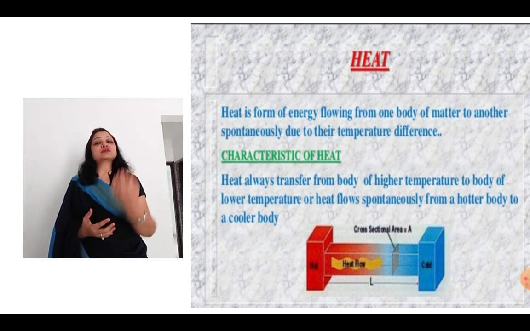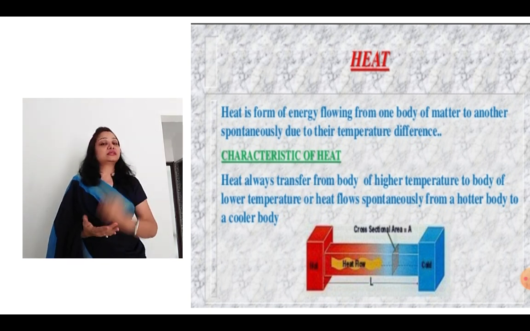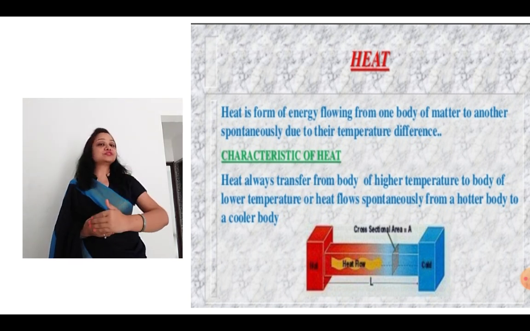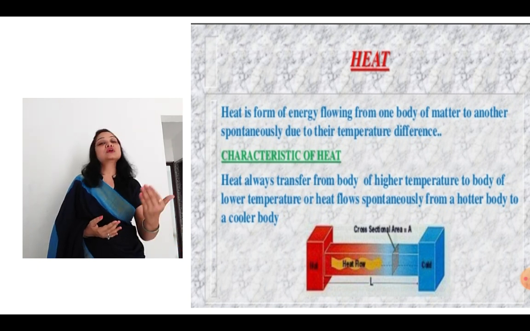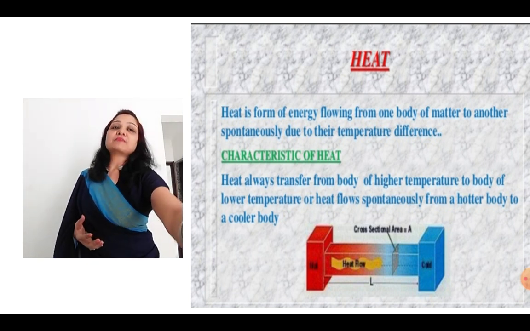Why? Because the hotness from the tea gets transferred to the spoon. So it is a characteristic of heat that it is always transferred from high temperature to low temperature, or we can say from the hotter body to the colder body. Keep it in your mind.